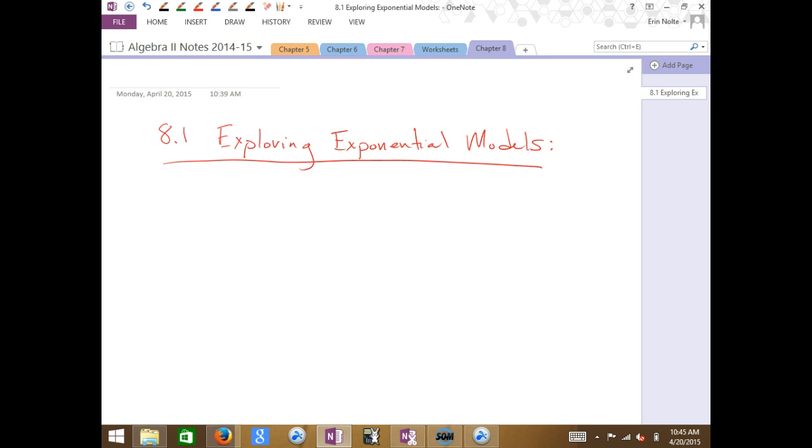So 2 things are involved in this section. The first thing you need to know is the standard form of an exponential function: y is equal to a times b to the x.